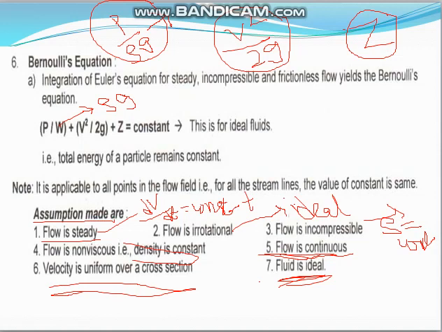Another one is incompressible, so density will be constant, and non-viscous. Here also density will be constant. The flow is always continuous, velocity will be uniform, and finally the flow is an ideal fluid. So these are all the assumptions made in this equation derivation.